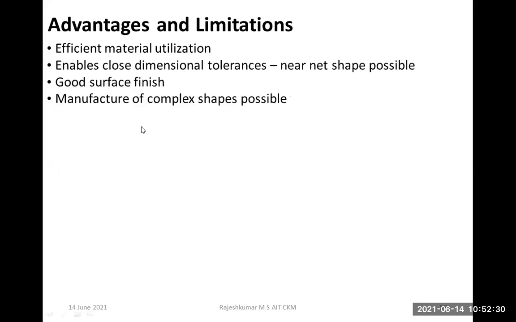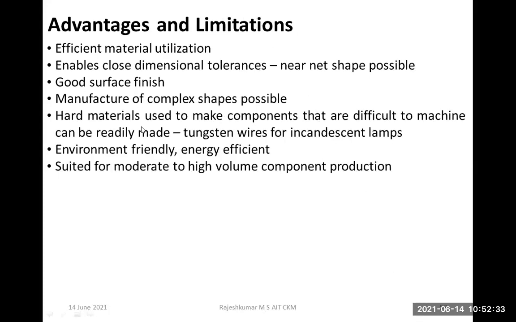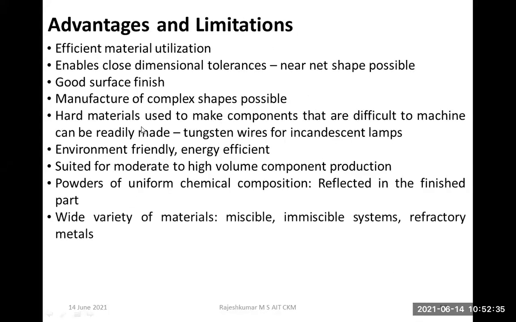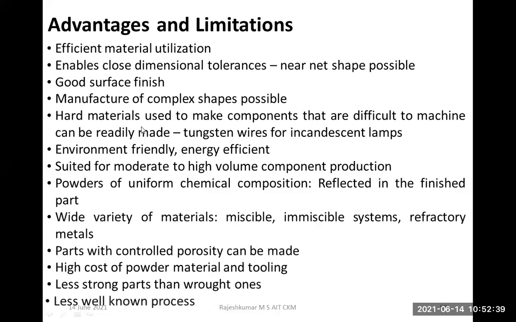Advantages and limitations. Efficient material utilization enables close dimensional tolerances. Products have good surface finish, and complex shapes can easily be manufactured, which can be impractical with other metalworking processes.